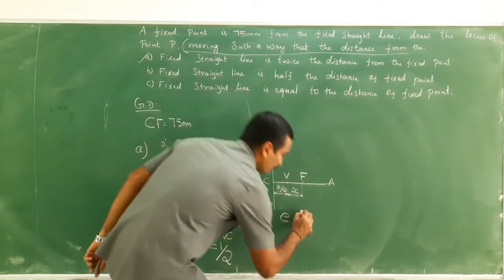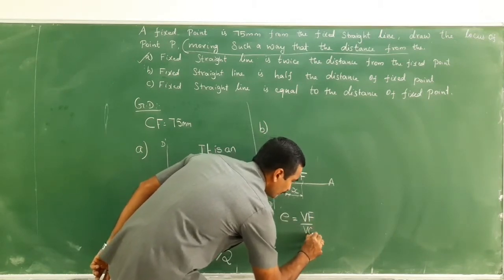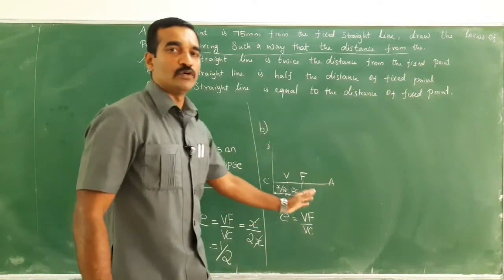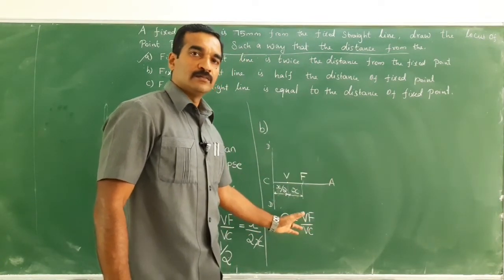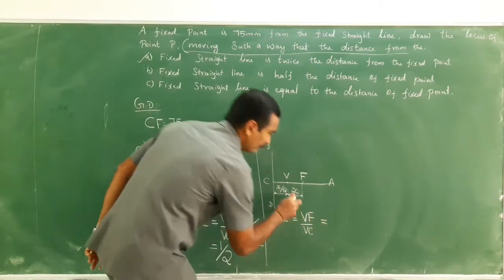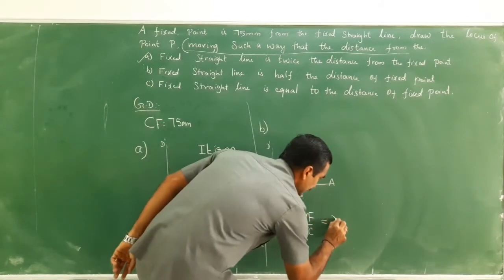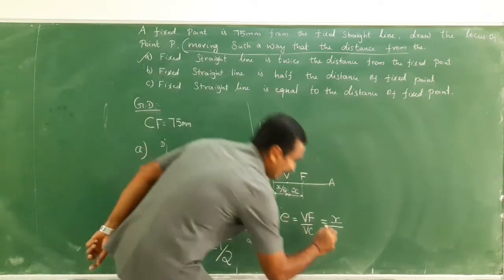So what the eccentricity says, Vf by Vc, distance of the moving point from the focus to the distance of the moving point from the fixed straight line. What is Vf here? Vf is x. What is Vc? X by 2.